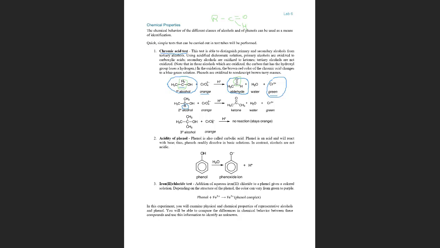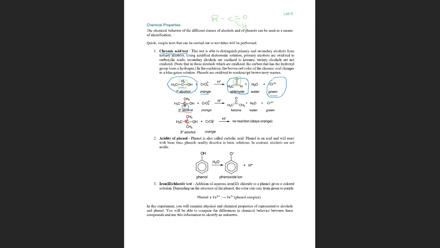This is the carbon bearing the OH group, bonded then to 2 other carbons, 1 hydrogen and 1 hydroxyl group. So secondary alcohols give a positive chromic test. You will see the green. But with tertiary alcohols, the carbon bearing the OH group is bound to 3 carbons, no hydrogens there. So we obtain a negative reaction.